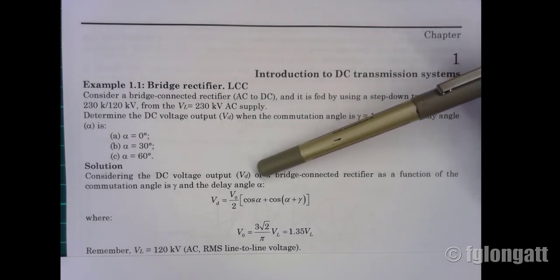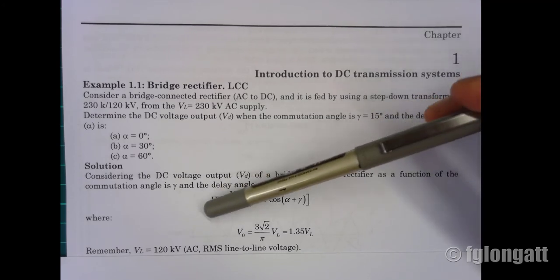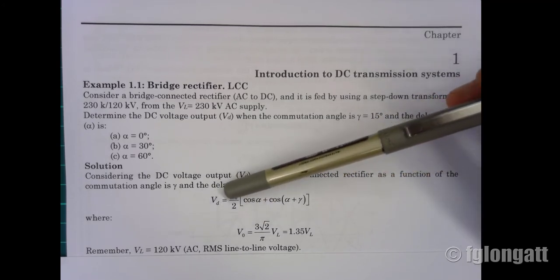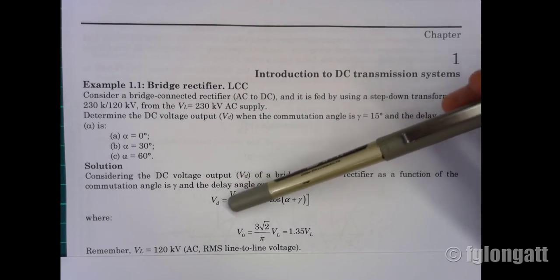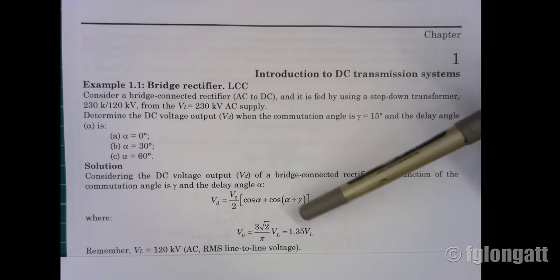the DC voltage output. Okay, and for a bridge connected rectifier, depending on the commutation angle and the delay angle, we have this formula over here, where V sub zero is basically a function of the line-to-line RMS AC voltage.